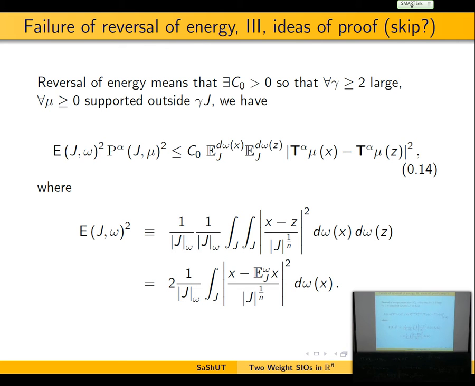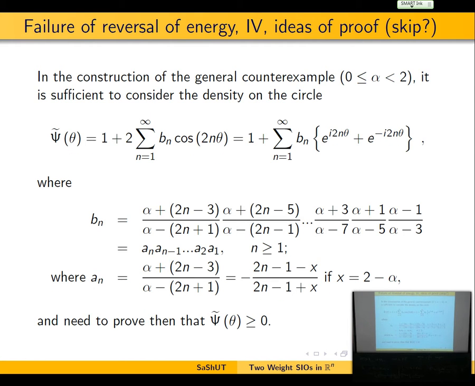Reversal of energy means that this, which is basically the right-hand side, can be estimated by a certain uniform constant times this, which is essentially the left-hand side in the previous slides. This is the so-called energy, which has whatever expression it is. When you try to build the general counterexample, I'm just giving some ingredients, it's sufficient to consider this kind of density on the circle.